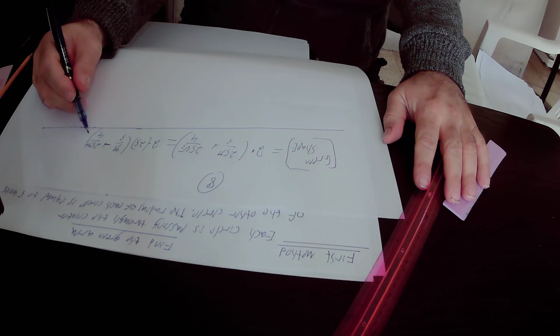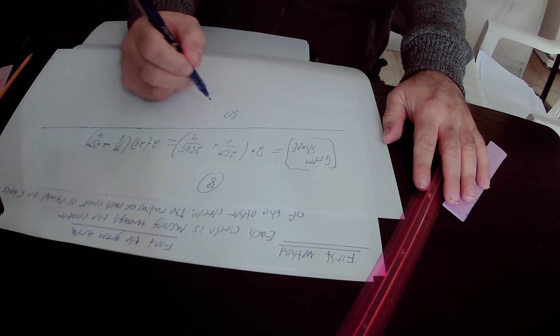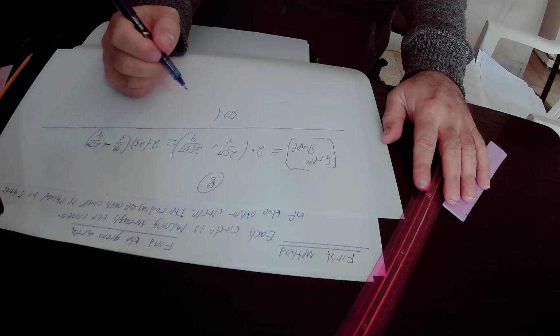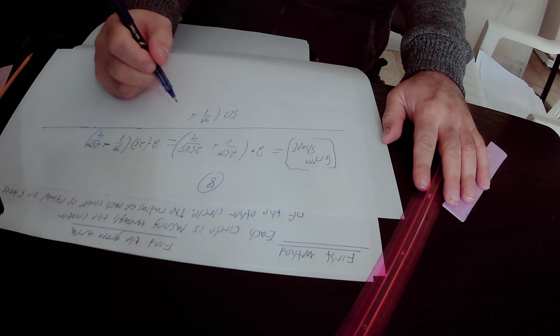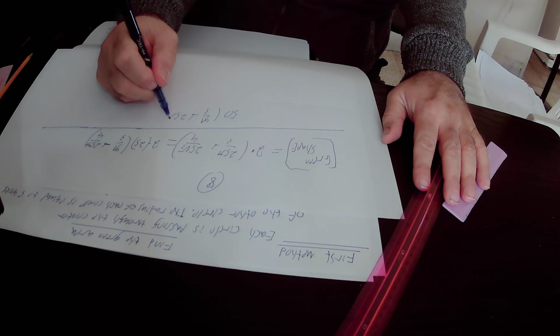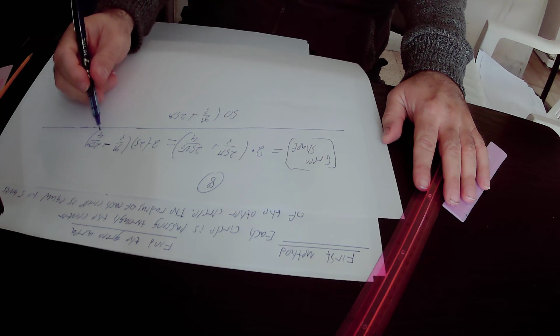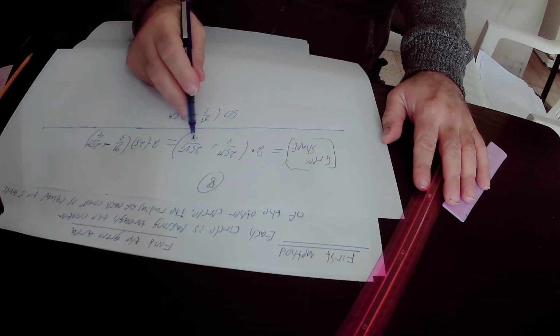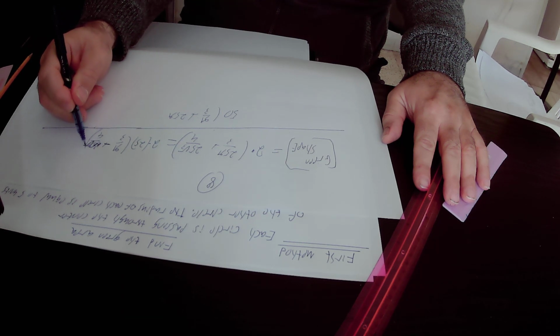Here 2 times 25 is 50, times pi over 3 plus square root of 3 over 4, inside the brackets.